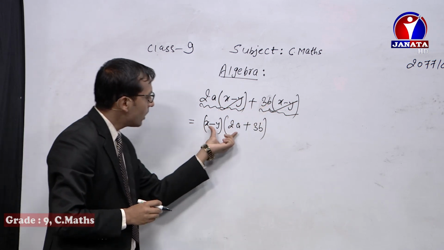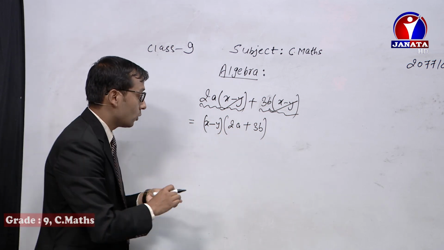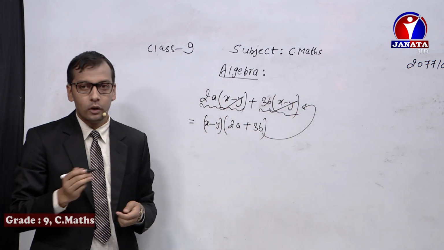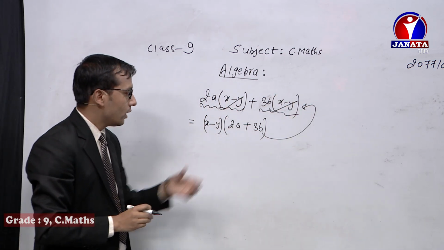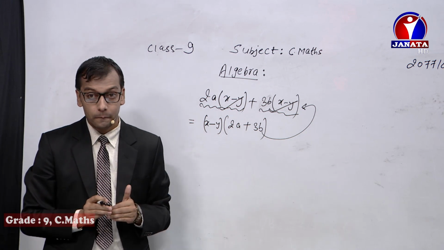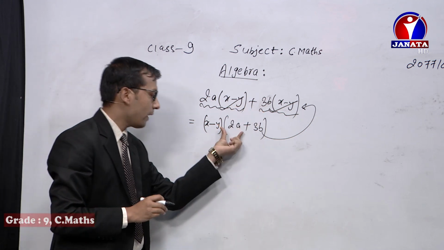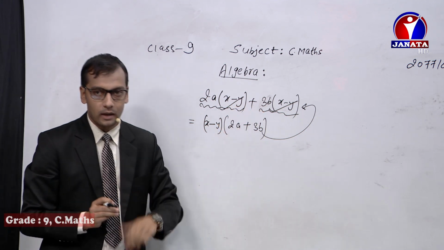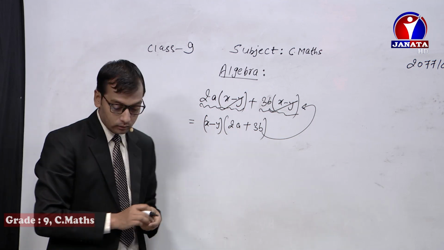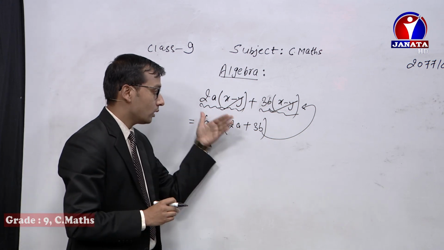Now if we multiply these two factors again, we will obviously get the original polynomial. So here factorization is the process of splitting an algebraic expression into factors, or into smaller factors. Or we also can define factorization in another way.